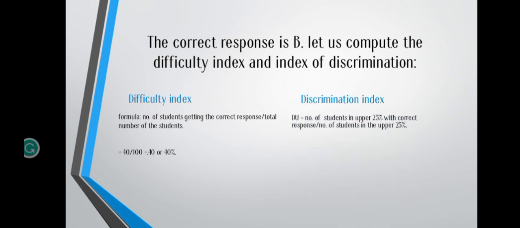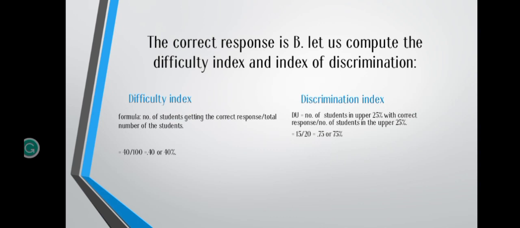Okay, sa discrimination index, unahin natin kunin yung DU, yung difficulty upper: number of students in upper 25% with correct response, divided by number of students in the upper 25%.